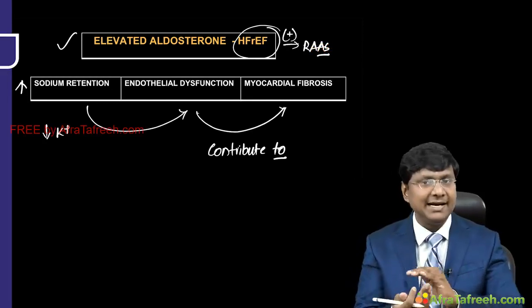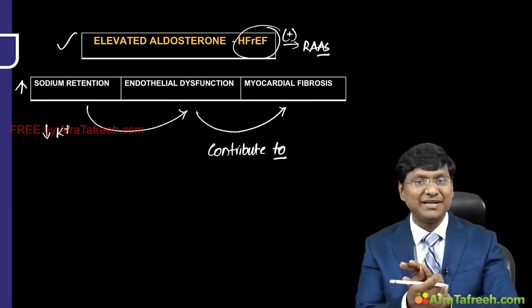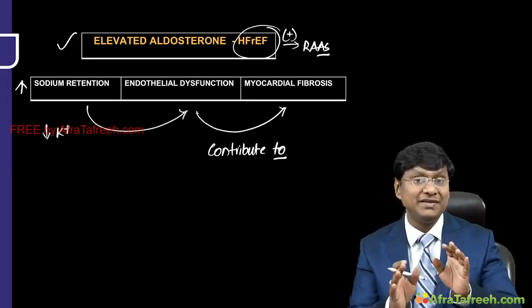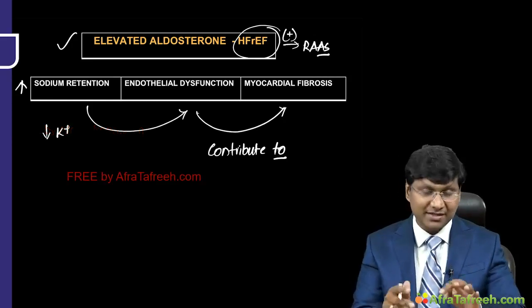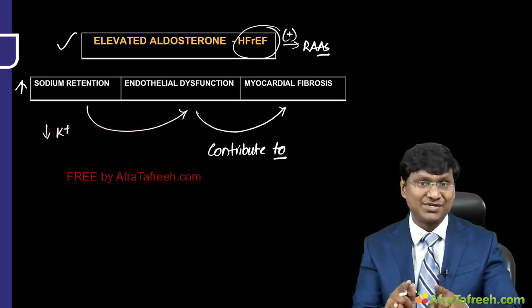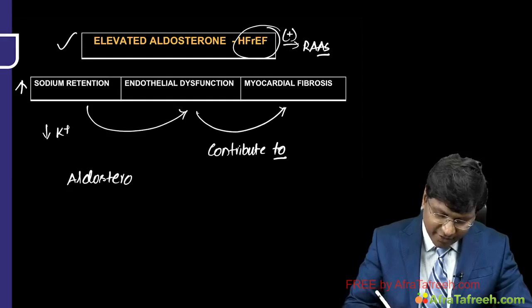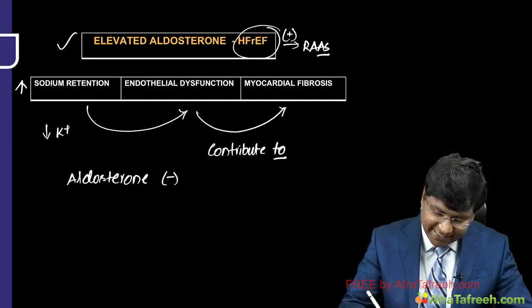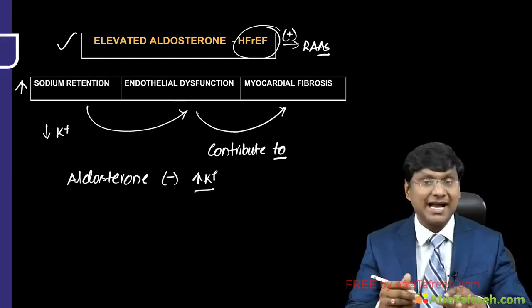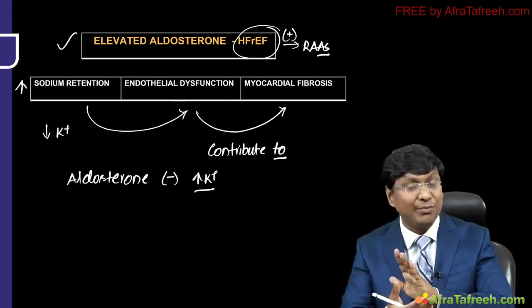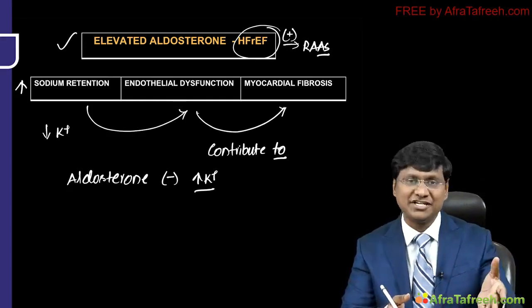Okay, and another important point that you need to remember is that whenever you are giving these drugs, that is the aldosterone antagonists like spironolactone, you need to be very careful about hyperkalemia, because aldosterone antagonists, spironolactone and eplerenone, both of them will increase the potassium levels.